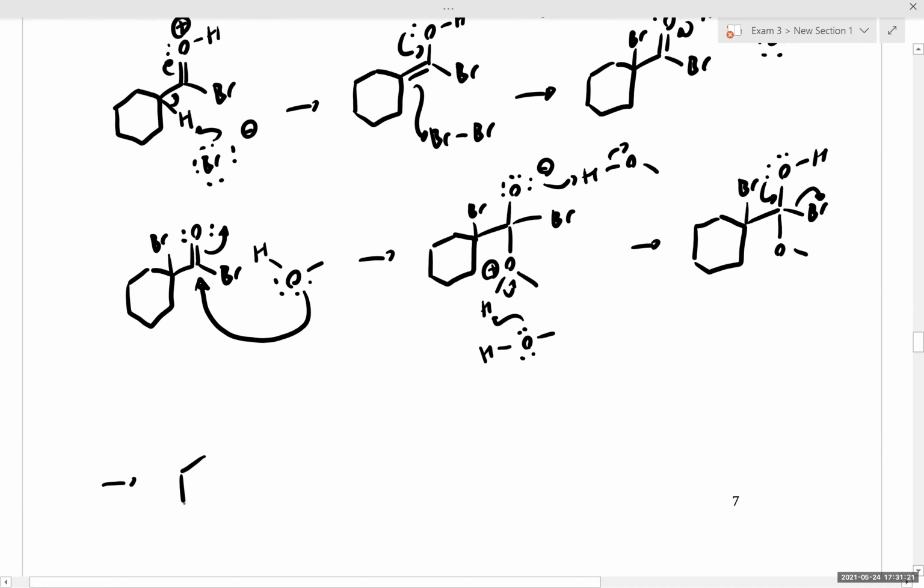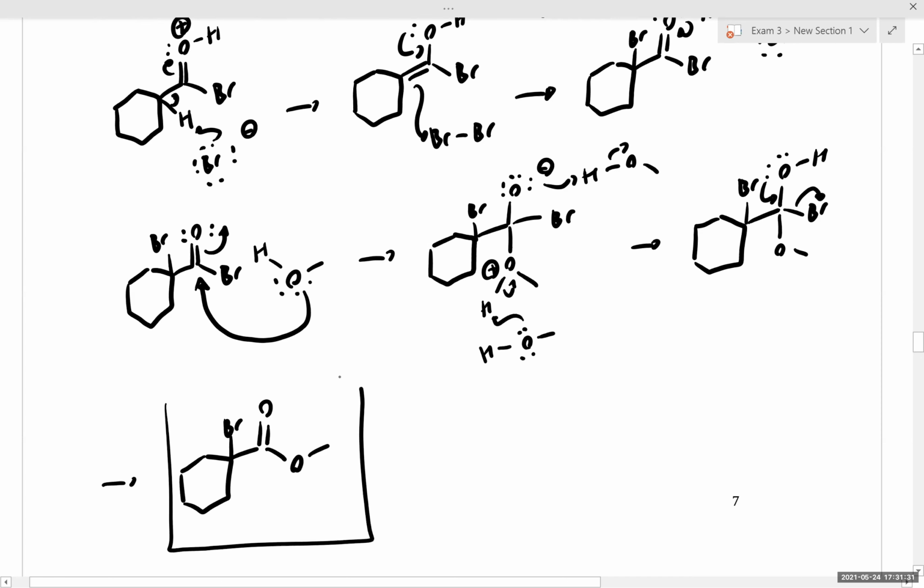And that gives us our desired alpha bromo acyl bromide. Sorry, alpha bromo methyl ester now. We've in effect converted this alpha bromo acyl bromide during our quench into an alpha bromo methyl ester. Does this proposed mechanism make sense?